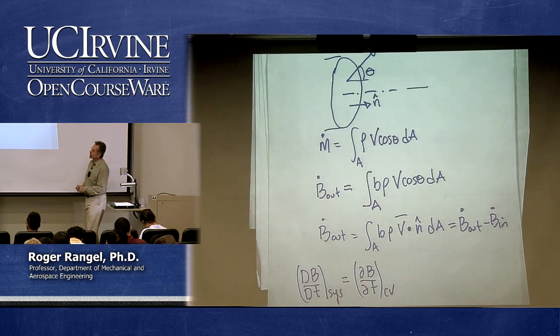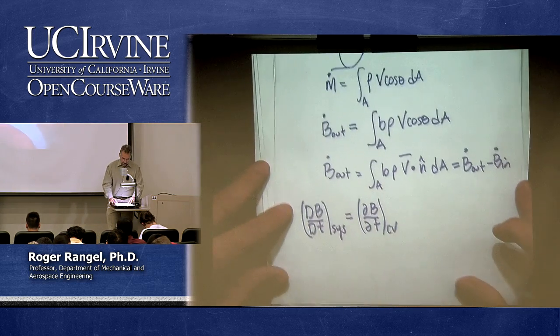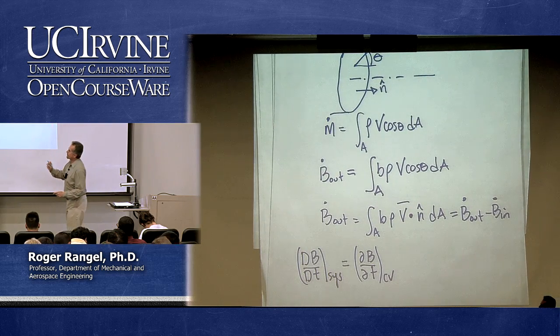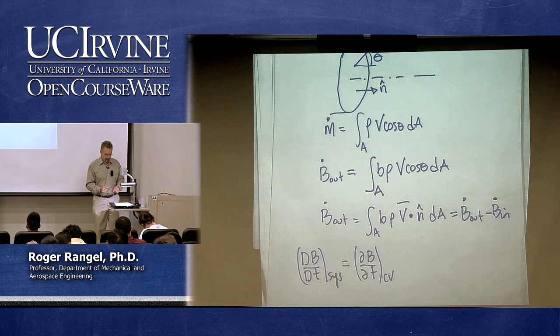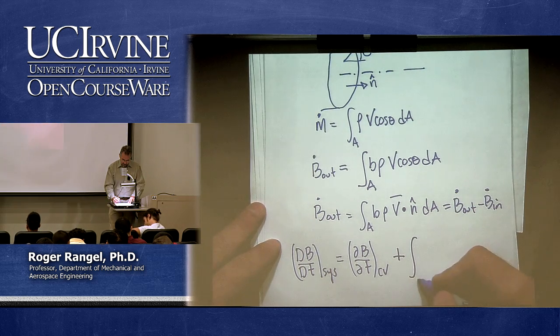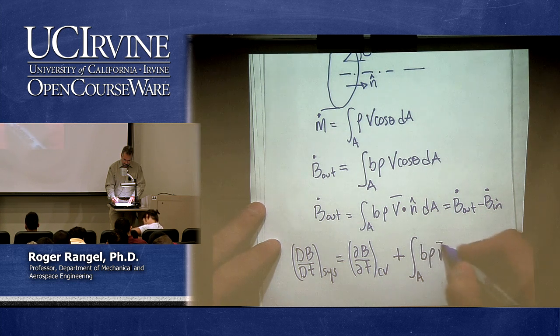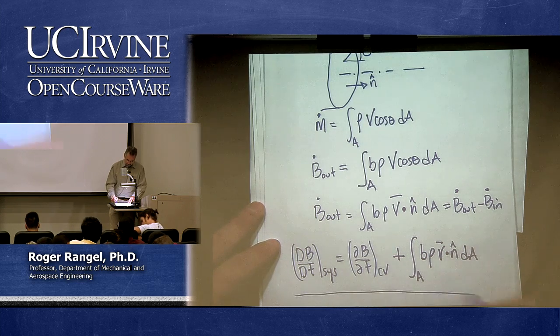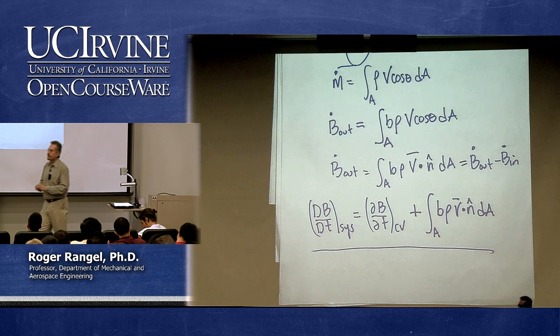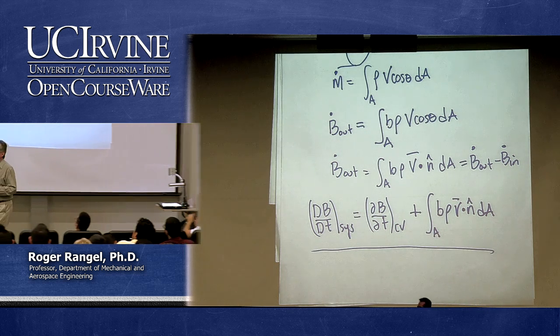We haven't touched the left-hand side. And remember, the next terms were plus B dot out minus B dot in, but I have now those in just one quantity, which is this integral. So there you have a little bit more sophisticated Reynolds transport theorem.